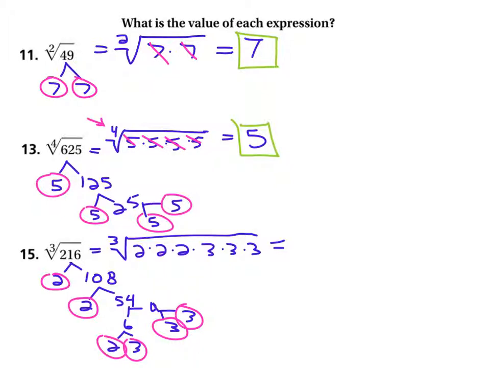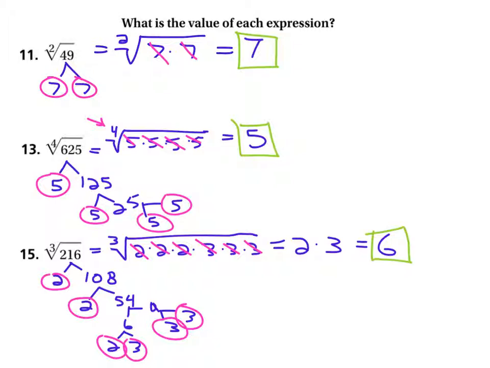What that means is I need to see a number 3 times inside before I can bring it out. So I see a 2 three times, so I can bring out a 2. And I see a 3 in there three times, so I can bring out a 3. Nothing's left, so it's just going to be the whole number I get when I multiply 2 times 3, and what I get is 6.